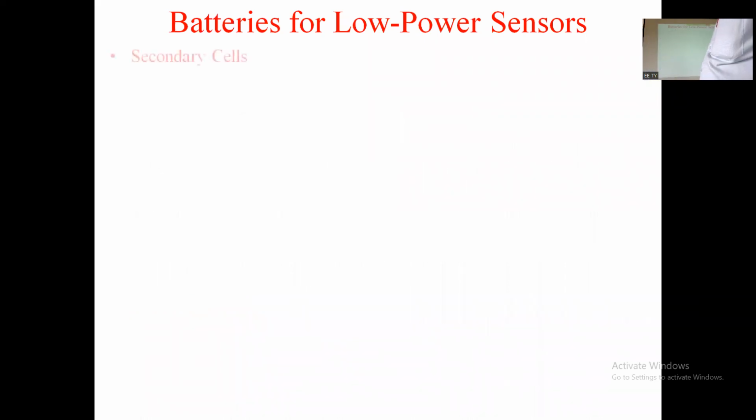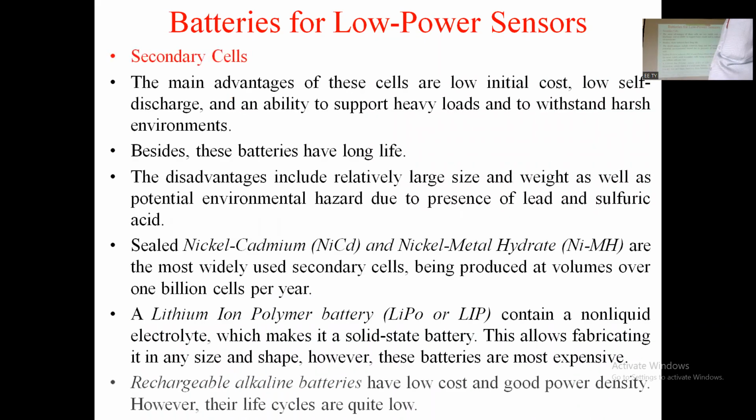Now, the main advantages of this type of cell are a low initial cost, it is self-recharging, and it has the ability to support heavy loads and withstand harsh environments.